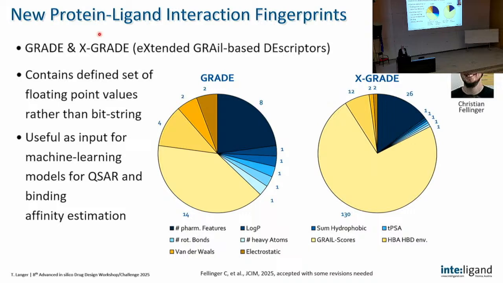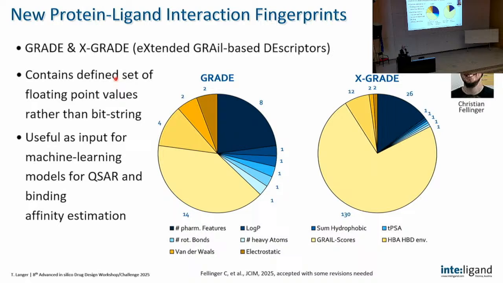Another thing that we just published, and it got accepted with some revisions, and we just submitted the revisions, so I'm happy. I hope that next week or so we will get the final acceptance. It is the work from Christian Fellinger, based on GRAIL again, and I will tell you about GRAIL in a minute: deriving descriptors from these GRAILs, and then being able to use these descriptors.